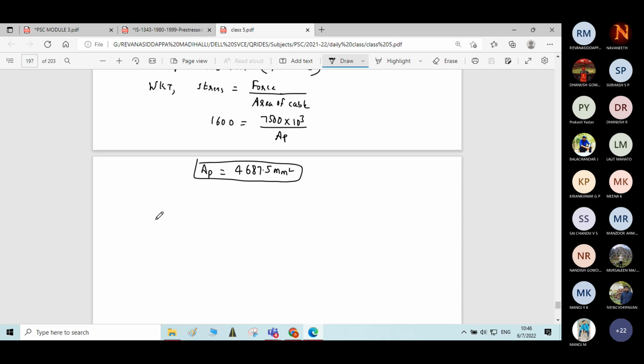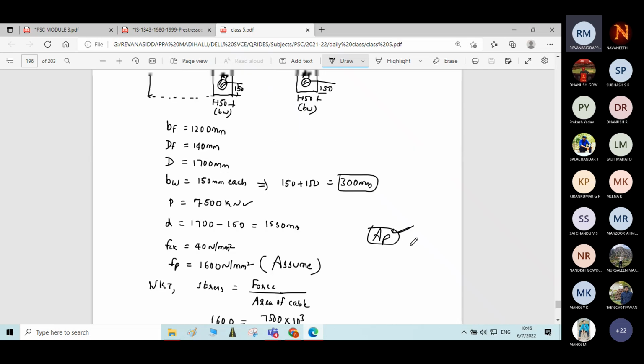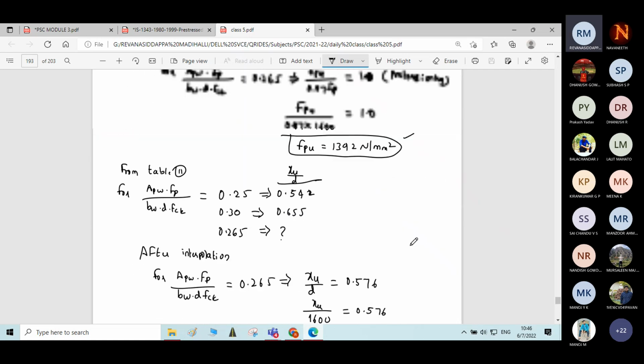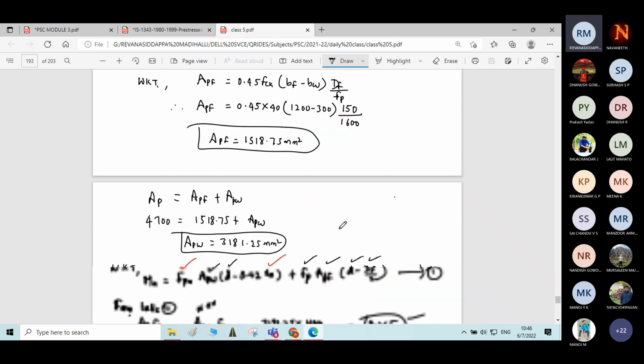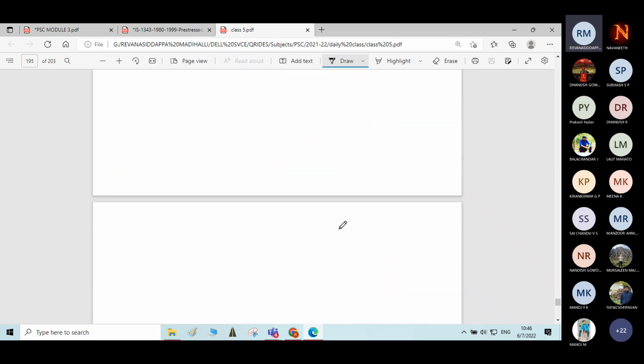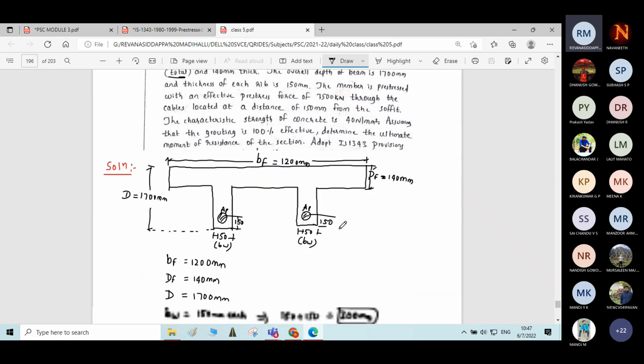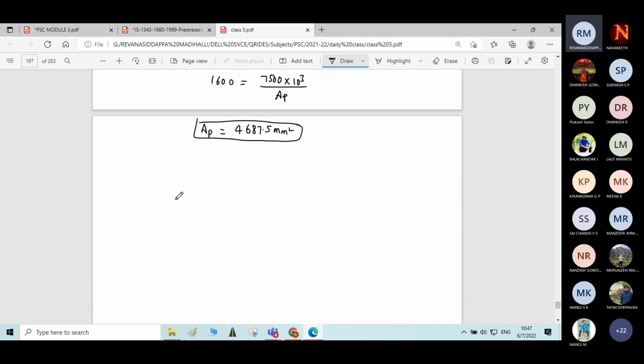Now I will directly assume the depth of neutral axis lies within the web. If you want, you can perform this first step. Here I already know that the depth of neutral axis lies within the web.